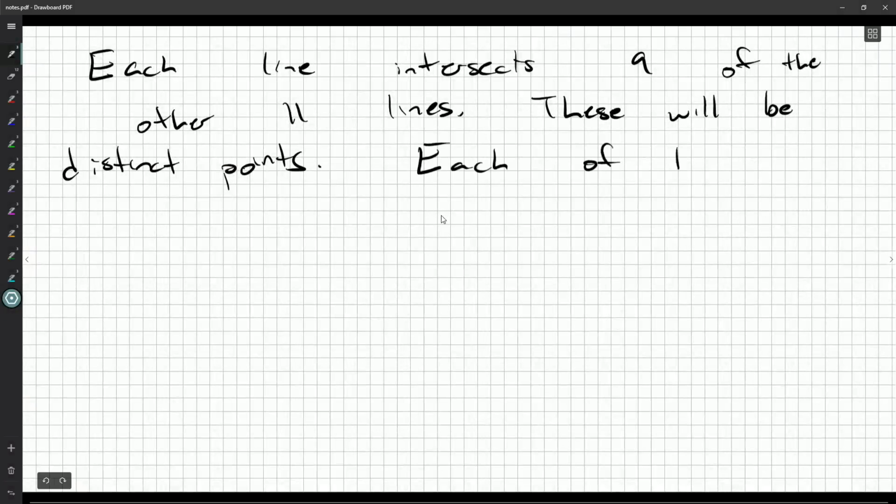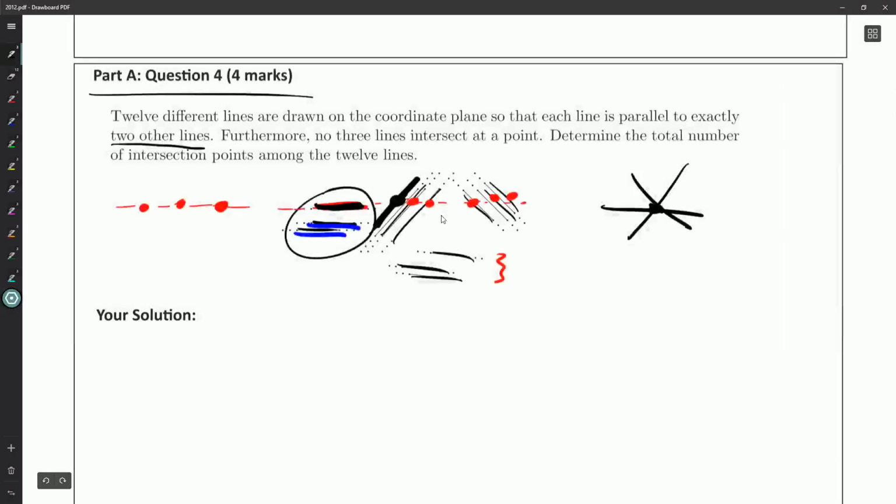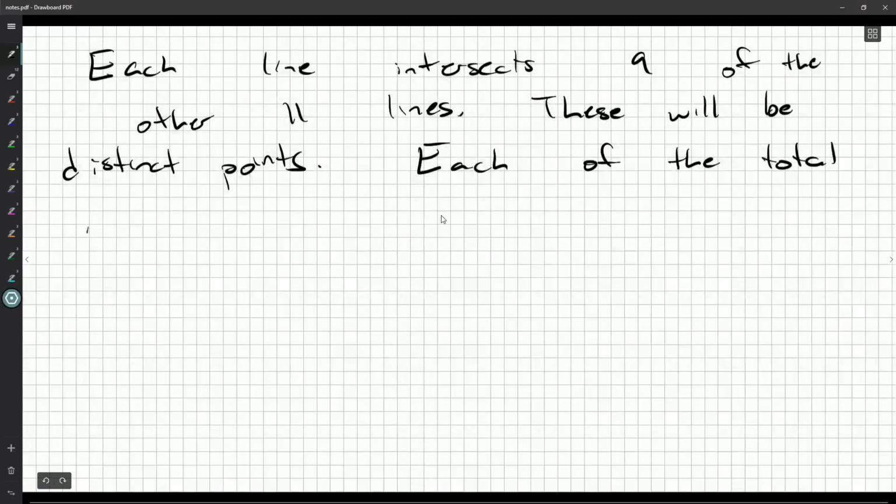Each of the total, did they give a number? They didn't, so each of the total n points is on exactly 2 lines. Okay.